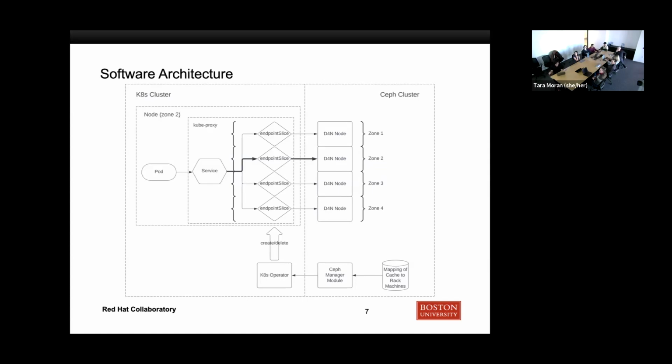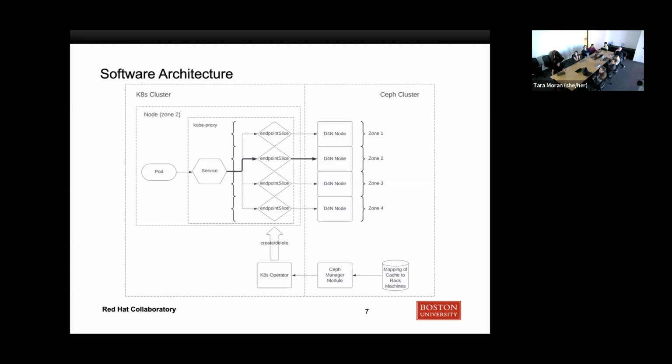Now the service sees that, oh, I'm in zone 2 because the node has a label of zone 2. So I'm going to send this request to the endpoint slice associated with zone 2. That endpoint slice has a list of IP addresses, and in our case, that IP address is the IP address of the D4N node in zone 2.